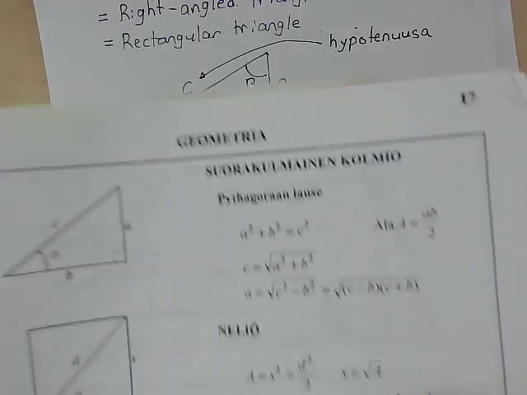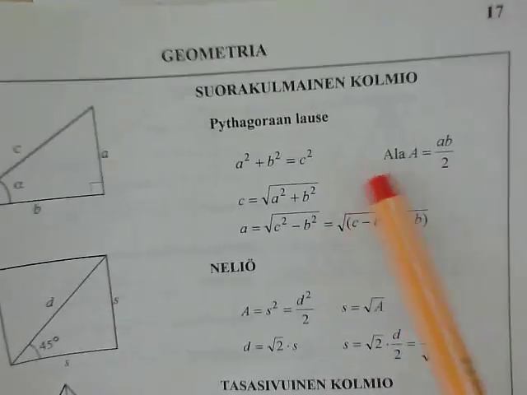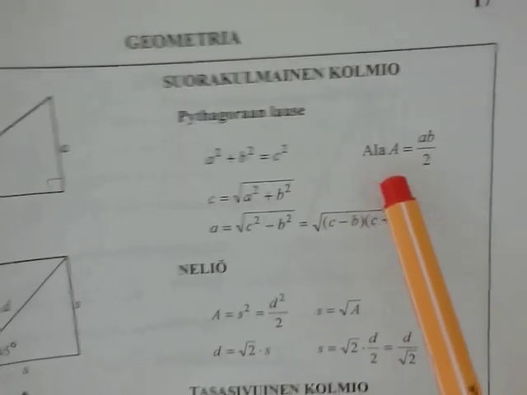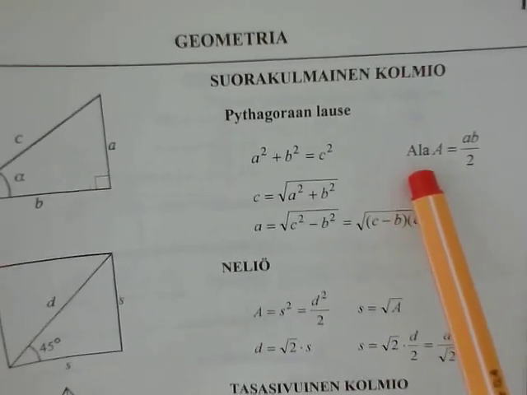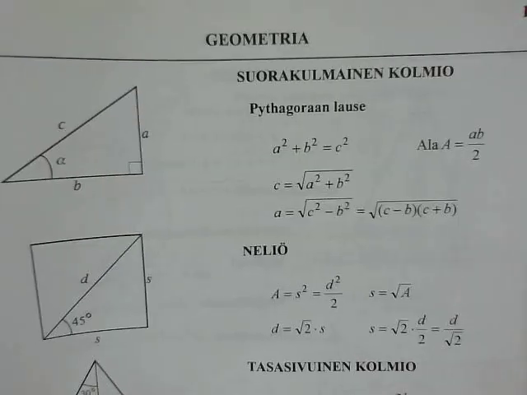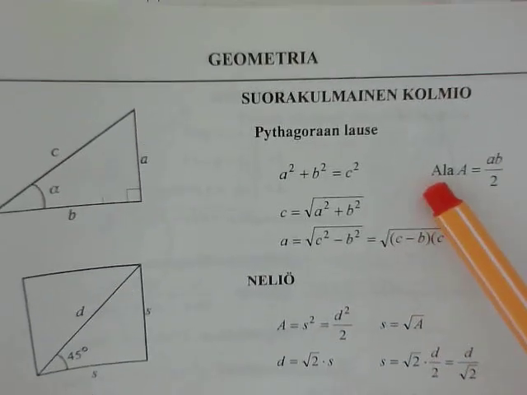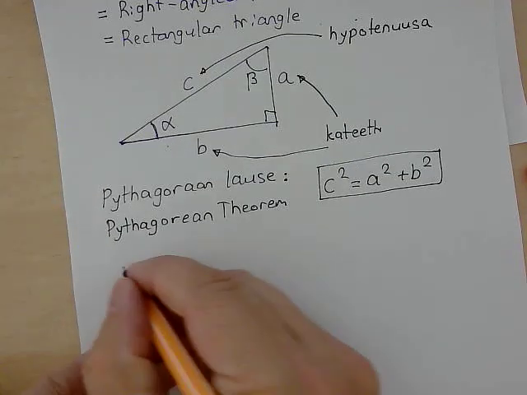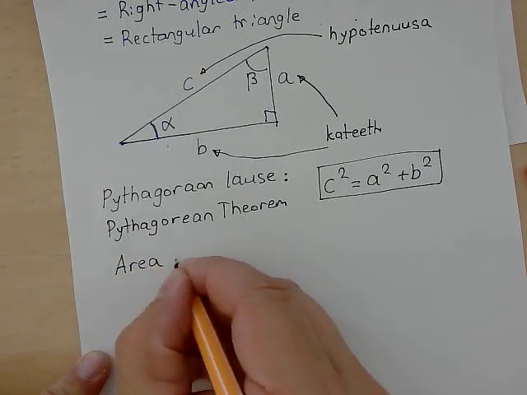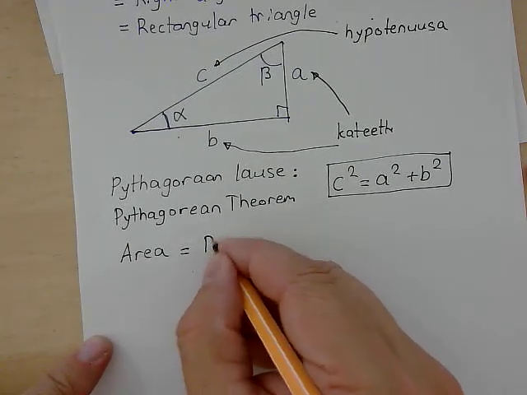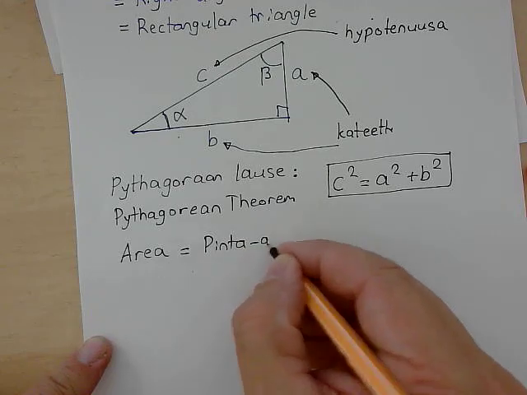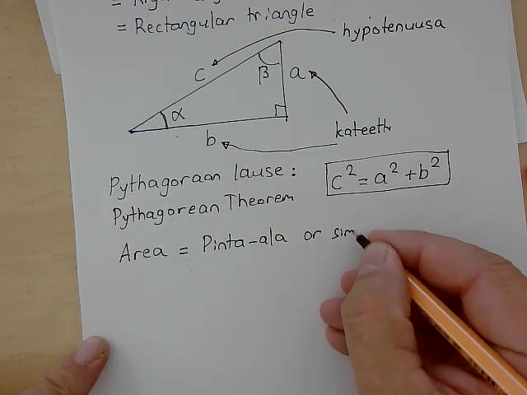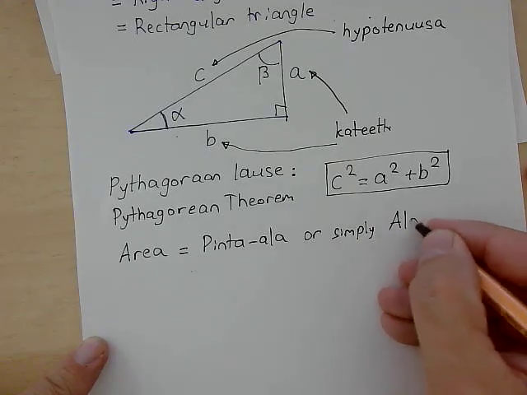Here you can see a Finnish text, ala. Maybe you can understand what that means. Area. The longer word is pinta-ala, or simply ala.